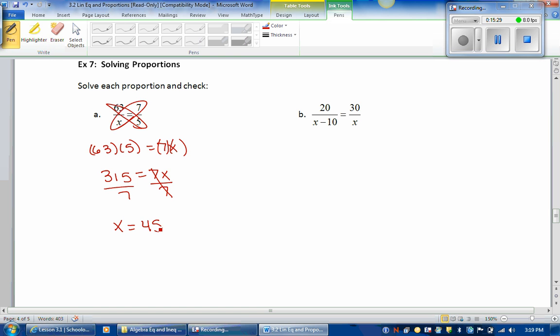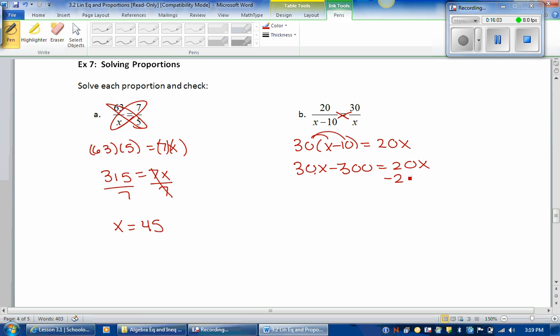So now let's try it over here. This was a little bit different because I'm going to be multiplying a monomial by a binomial. So I have a little bit of an extra step to deal with. I am going to have to distribute here. Now I do have variables on both sides of the equation, so I need to move all my variables to one side, all my constants to the other.